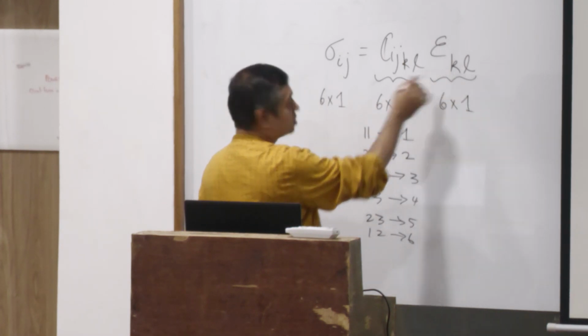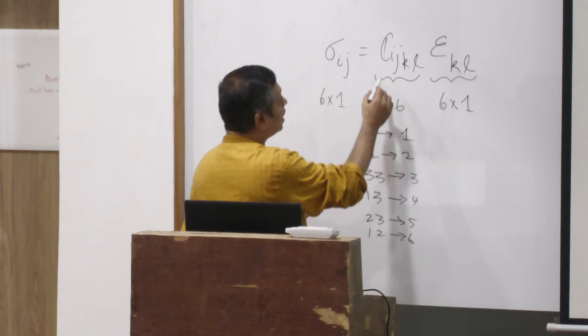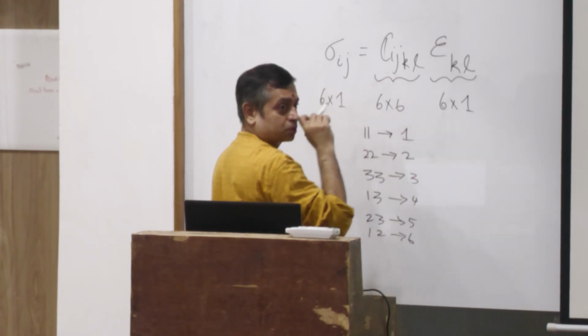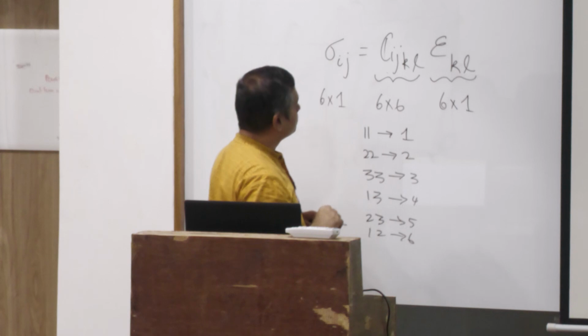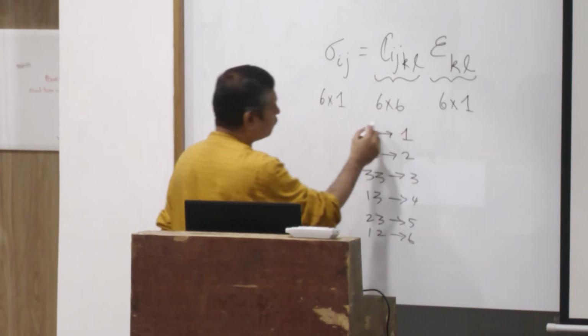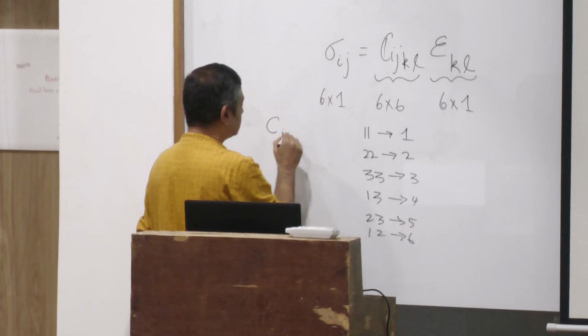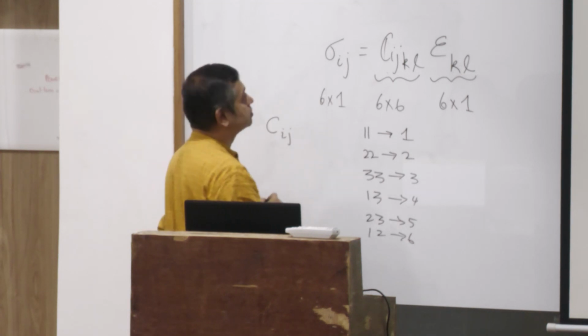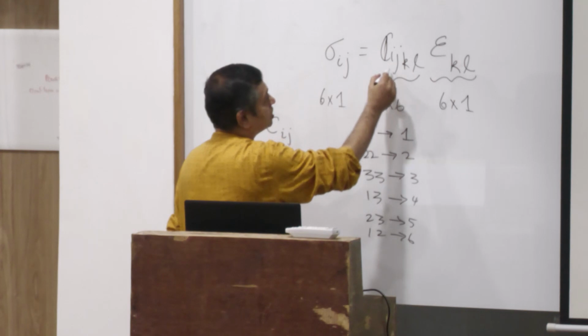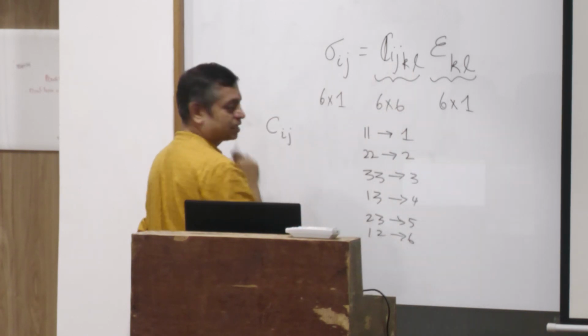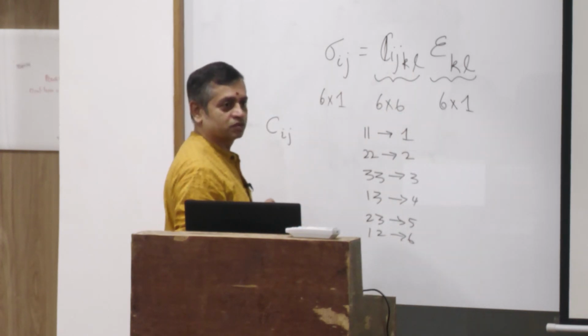KL can be switched, IJ can be switched, and IJ and KL can be switched. Now, in that format, the C_ijkl can be written as a matrix. That is why I have drawn this line to distinguish: this is a 4th rank tensor and this is the matrix that I am referring to.